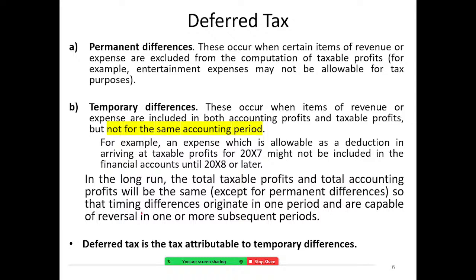So due to that, in the beginning period, the entity pays less tax, but that less tax will be reversed in the future period. So deferred tax is tax attributable to temporary differences, and temporary differences will cause deferred tax.